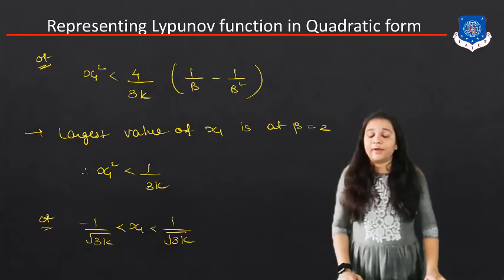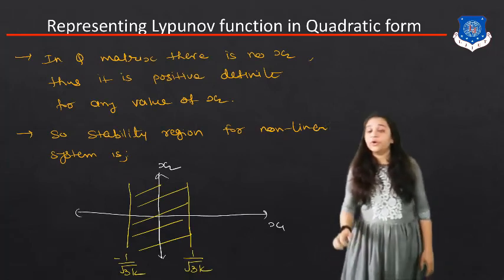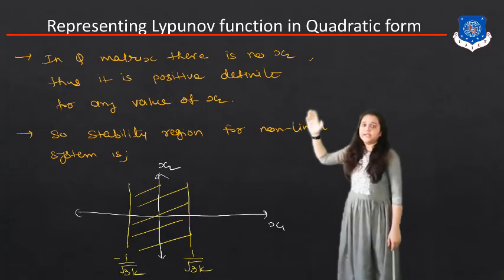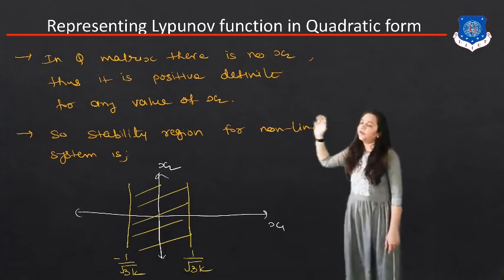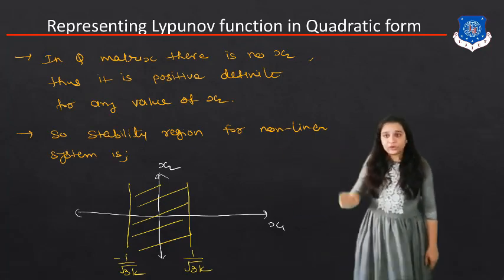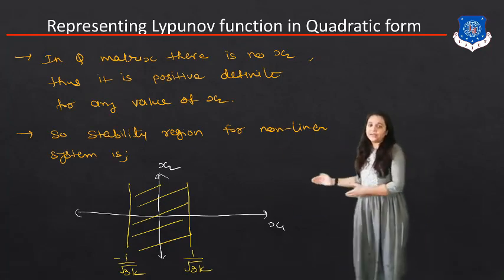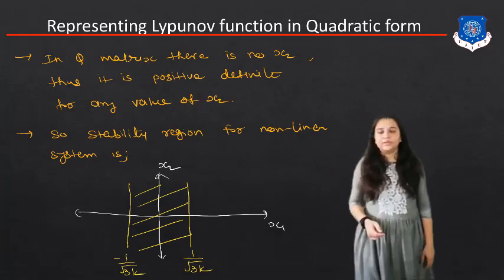Okay, if we have to draw the stability region for this system, in the Q matrix there is no x2, so it is positive definite for any value of x2. So the stability region for this nonlinear system is minus 1 upon under root 3k to 1 upon under root 3k.